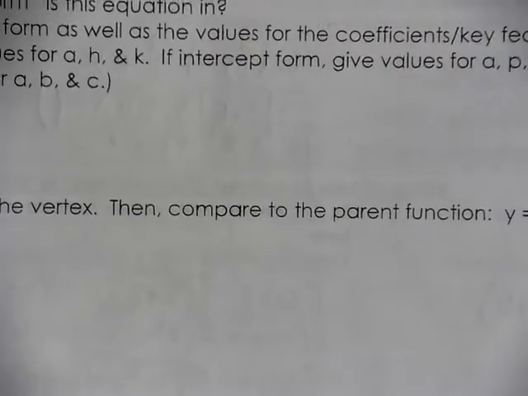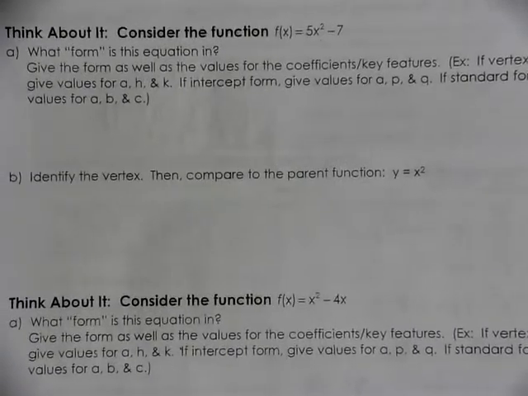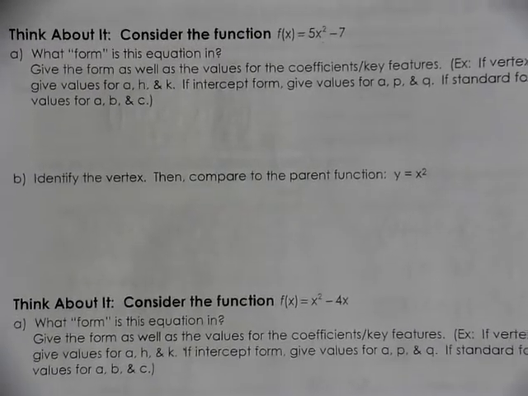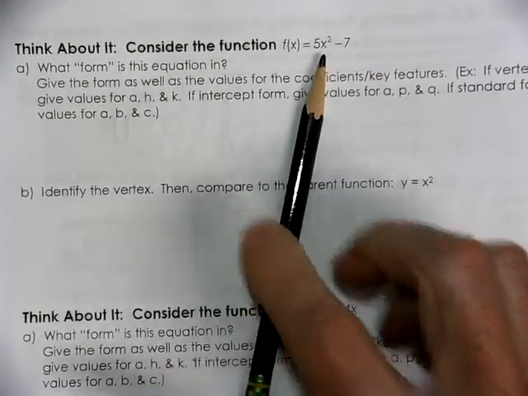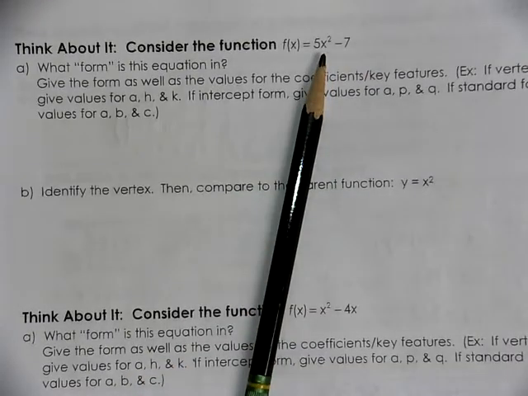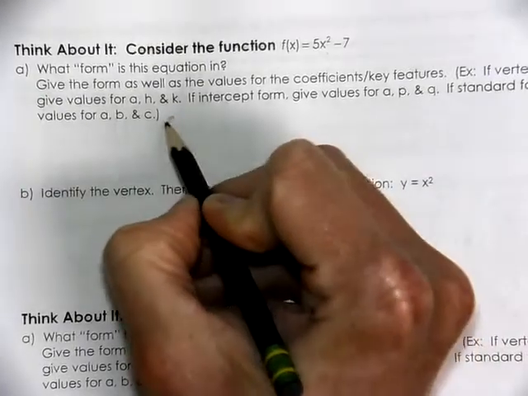On the flip side, we have a couple questions to think about. So what we're going to consider here is an equation that looks like that, 5x squared minus 7. What form is the equation in? Does anyone want to share? Standard. You could call this standard form if you want.